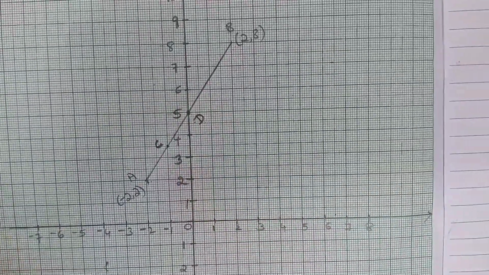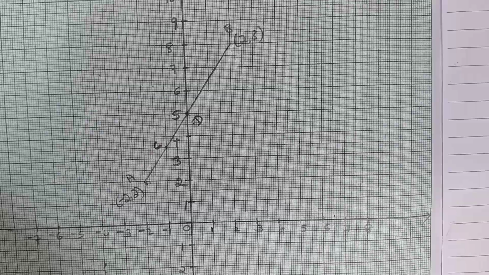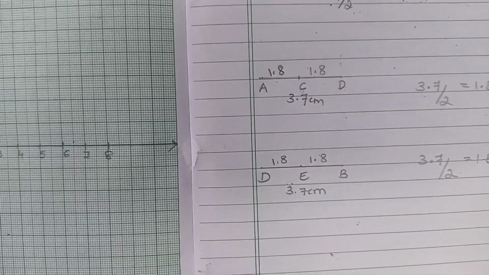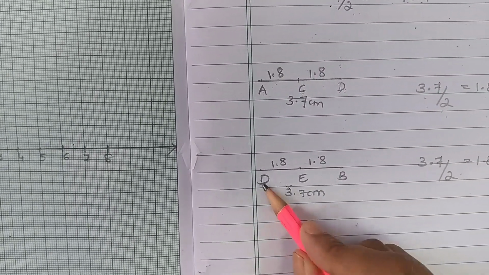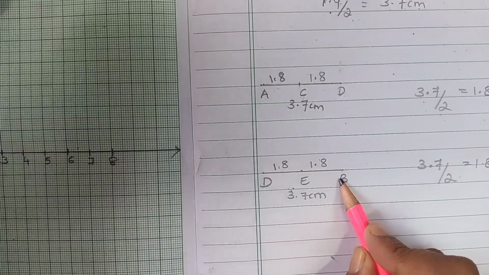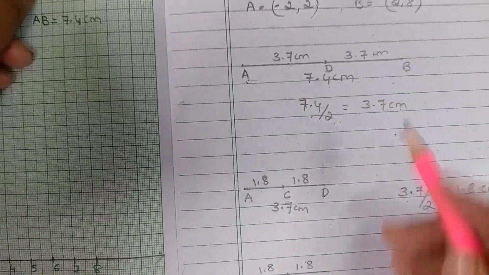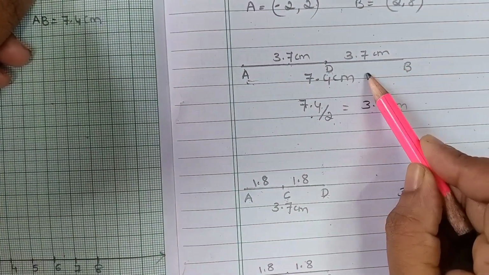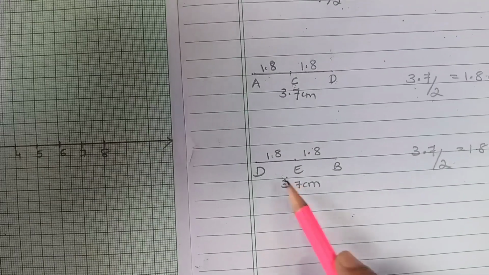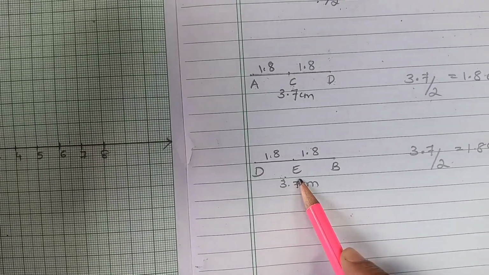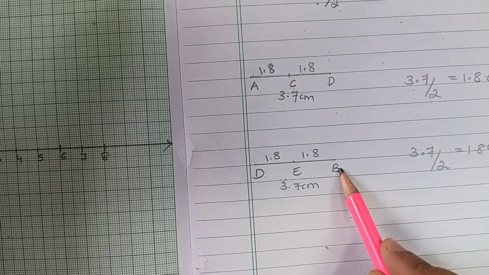Now we know that DB is equal to 3.7 centimeter, right? Here E is the midpoint of DB.